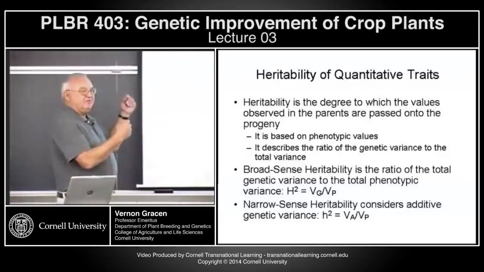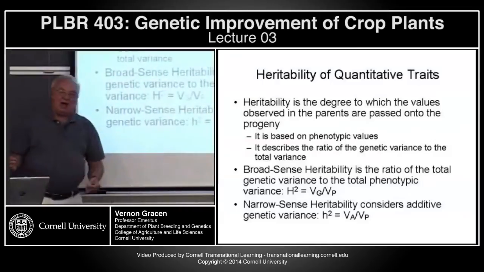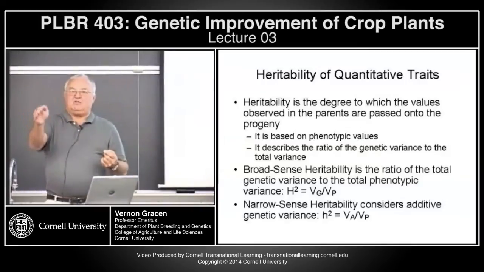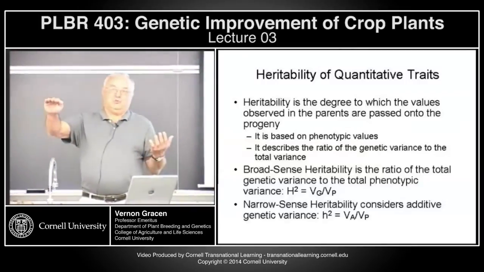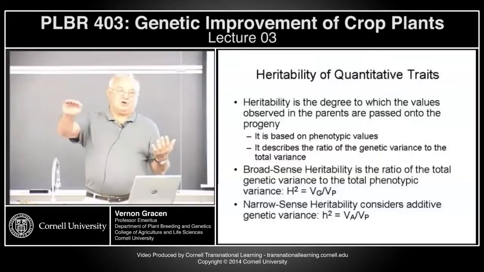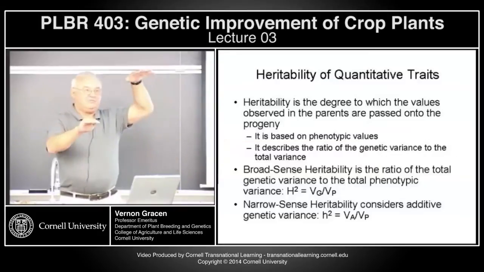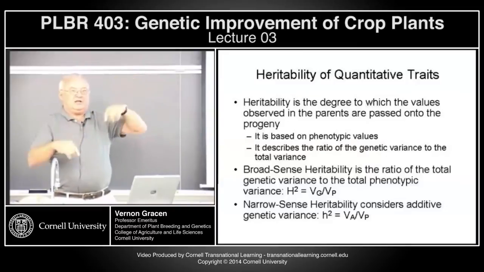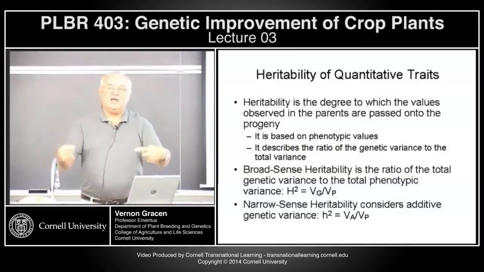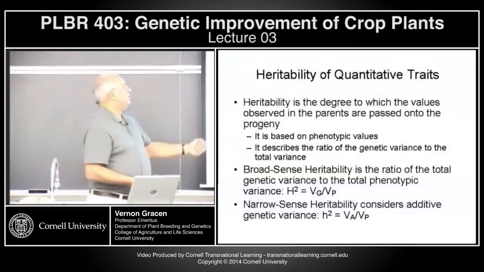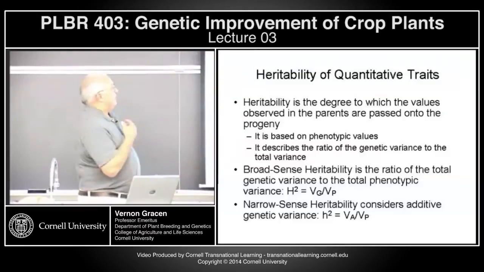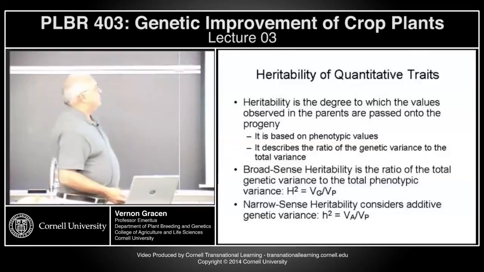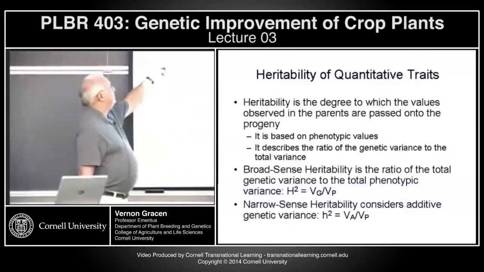Now if I take an F2 and grow that out, the F2 is going to have that environmental variability, presumably about the same amount as the pure line variety, plus genetic variability. So if I subtract out that environmental variability, I can start to get a measure of how much genetic variability really exists. And so we get back to heritability, the degree to which the values observed in the parents are passed on to the progeny.